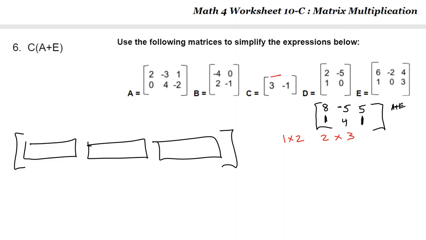And we're going to go across and down 3 times 8, and negative 1 times 1. And then we're going to go down this guy. 3 times negative 5, negative 1 times 4.